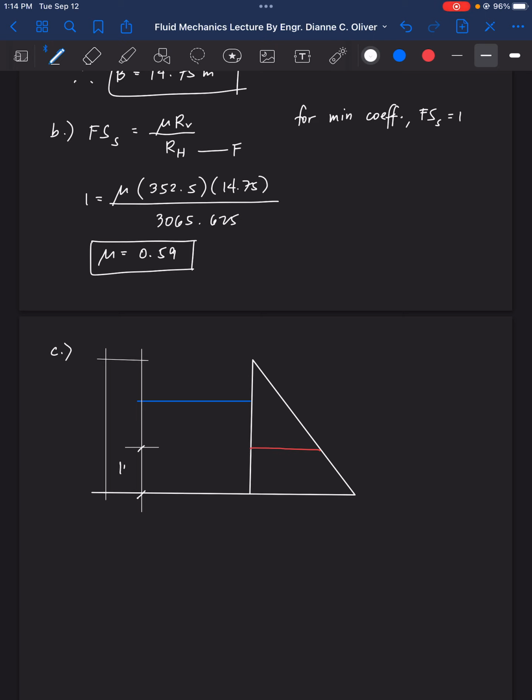So 10 meters above the horizontal base, and then this is 30 meters, remember, and then we have here 25 meters, minus 10, so we have here 15 meters, and this is 5 meters. Okay, so let's compute for the shearing stress.